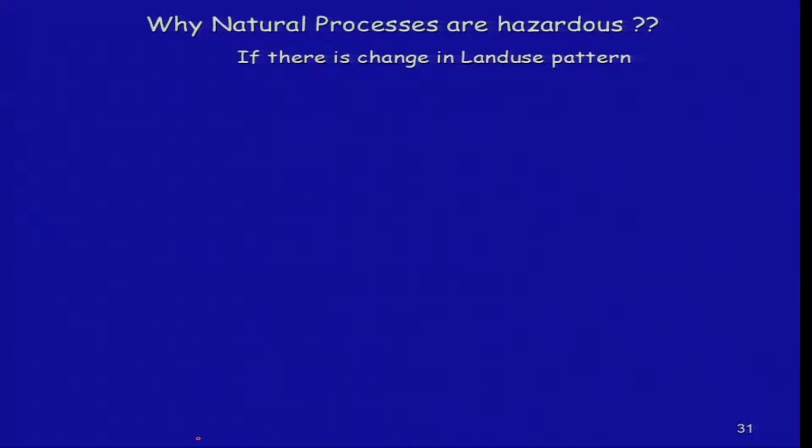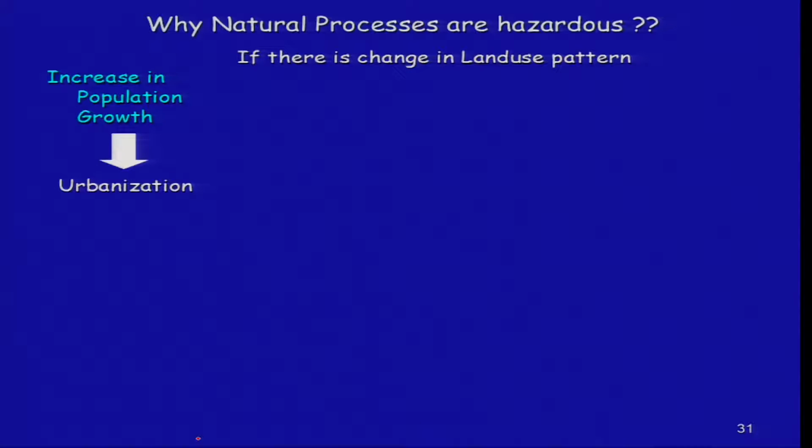In the initial slides we were talking about how the increase in population is one of the major factors why these processes are becoming hazardous, because the increase in population has exposed more people to such natural processes, and more and more people are moving towards urban settlements.